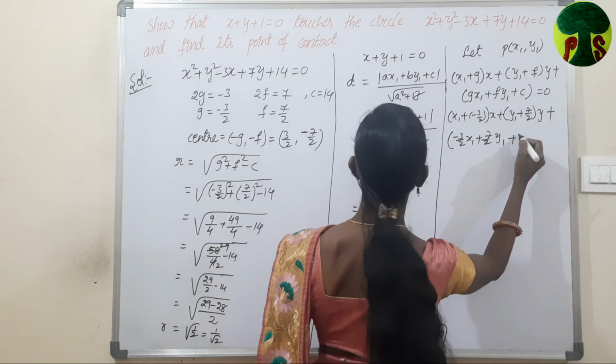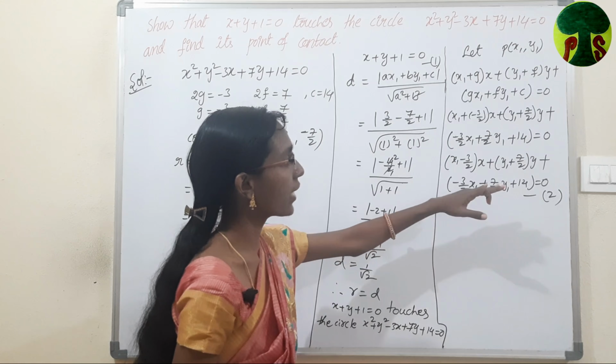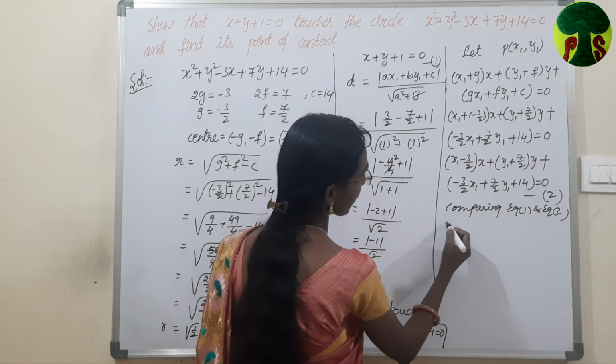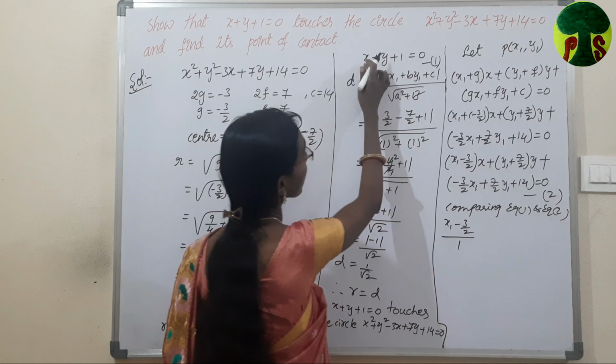Now, equation 1 and equation 2 are reflecting the same line. So, hence we have to compare these two equations. Comparing equation 1 and equation 2. So, x coefficient of equation 2 is x1 minus 3 by 2 by x coefficient here is 1.